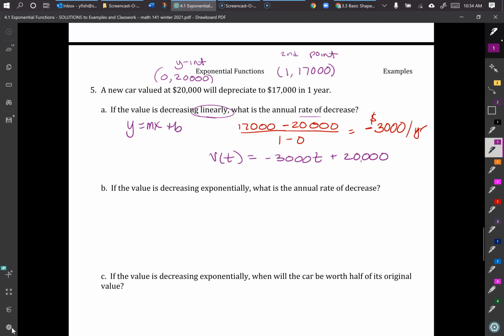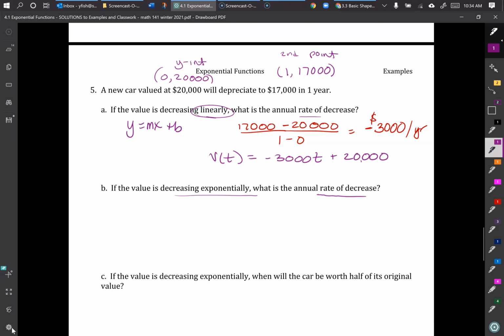Now, it's different though if we have it decreasing exponentially. And again, these points up here, they're the same points, but now we're going to say, let's assume an exponential relationship. What is the annual rate of decrease?